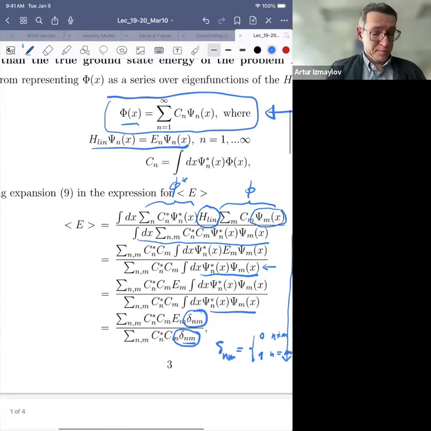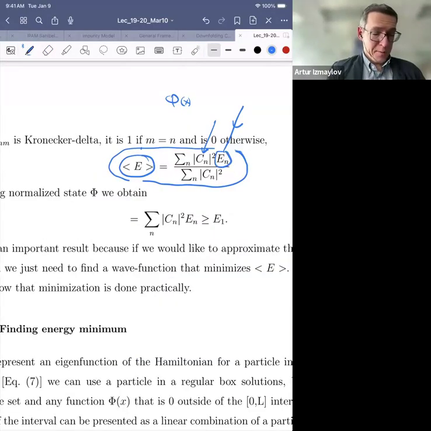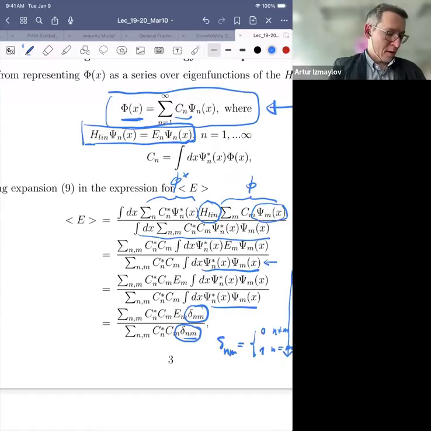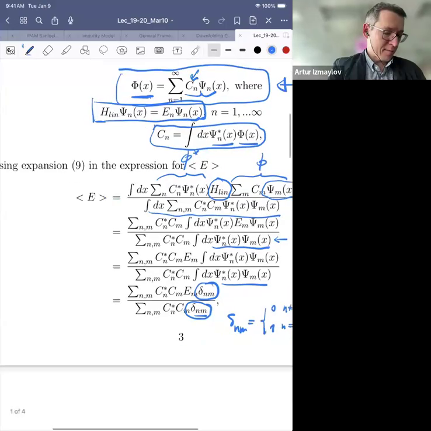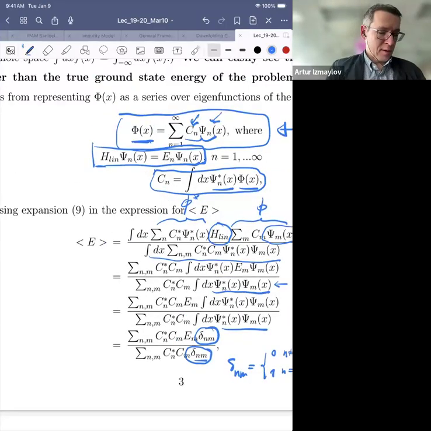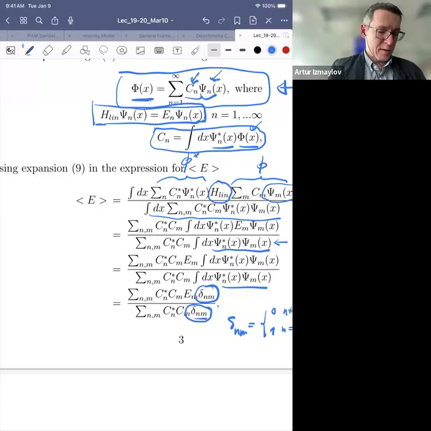Now, if we, for simplicity, make an assumption that the phi function is normalized, right? Normalized function means that the expectation value has this in the denominator, which is 1, and that is just a sum of Cn squared. So this denominator is 1.